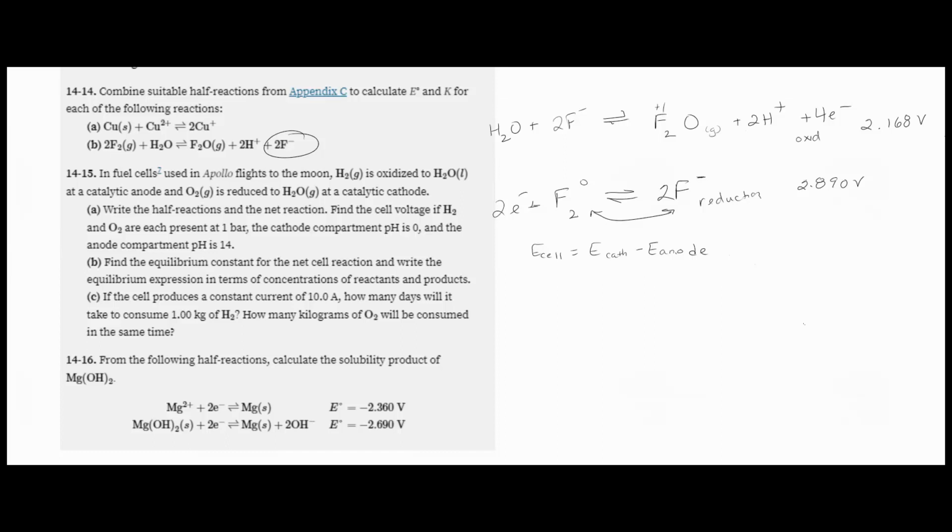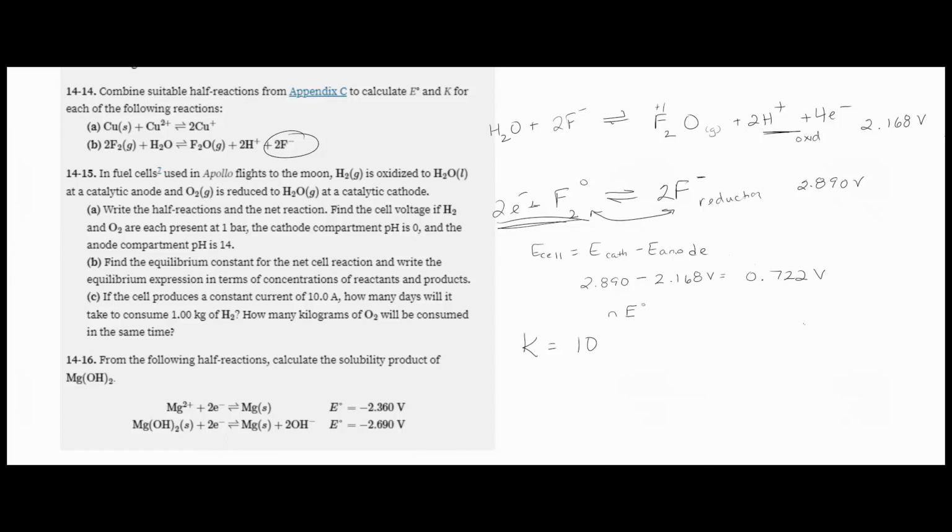Reduction is gain. We are gaining here. We are losing here. So the E of the cathode is 2.890 volts minus the E of the anode, 2.168 volts, which gives us an E of the cell of 0.722 volts.